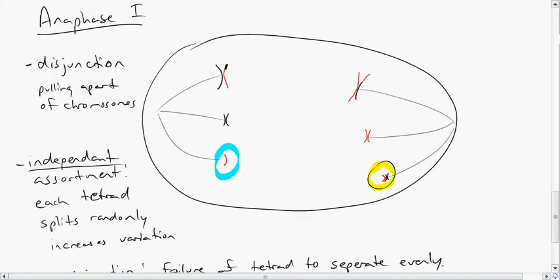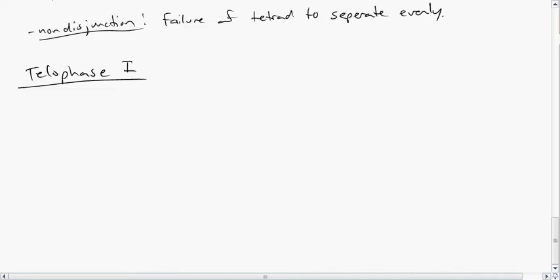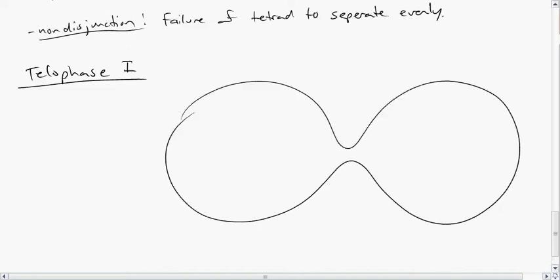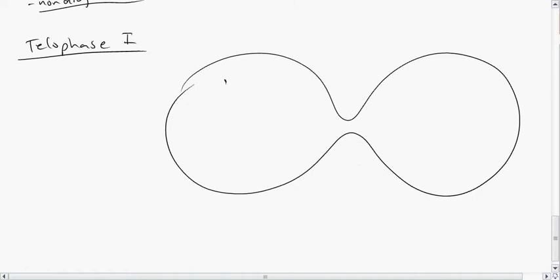So that about wraps up the interesting stuff for anaphase 1. Telophase 1. Can you say telophase, Vivian? Telophase. Good job. Now the cells are going to pinch off. And over here you're going to have your, let's see, how do we do this? Black chromosome here with a little bit of crossed over chromosome there.